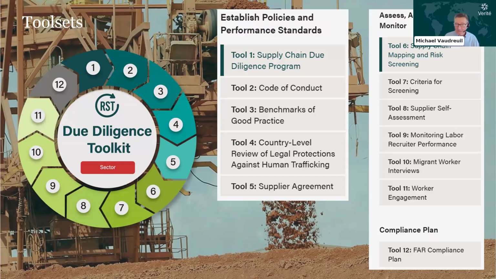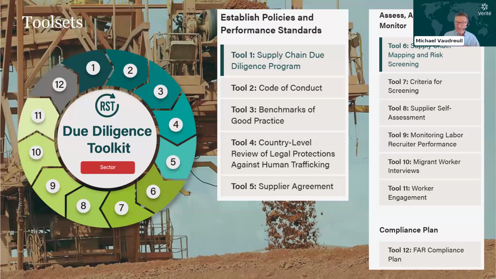Tool 6 is something that we're going to get into in the third webinar on September 24th, which is how do you map your supply chain, trace materials back to the source, and really get to the point where you have your supply chain prioritized by risk to know what to do next. Where are you going to go and do deep dive assessments or do other due diligence activities? And again, we'll get into that on the 24th.